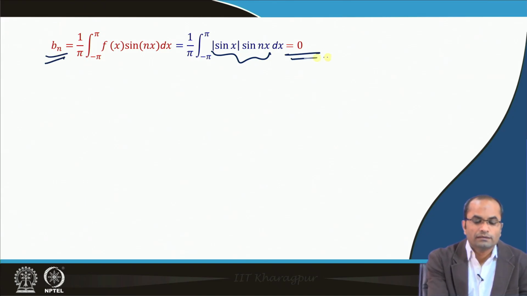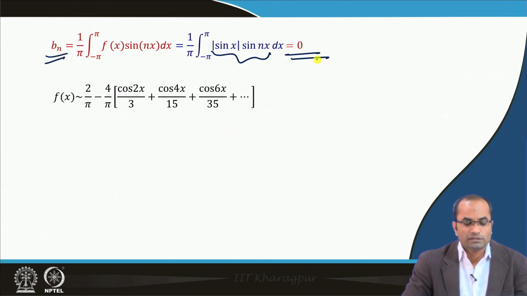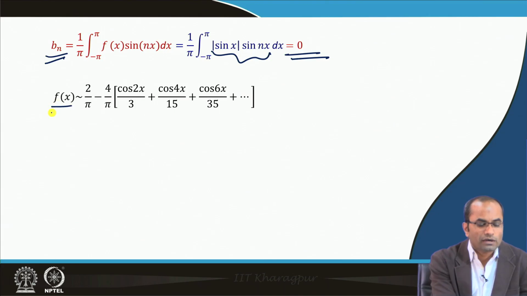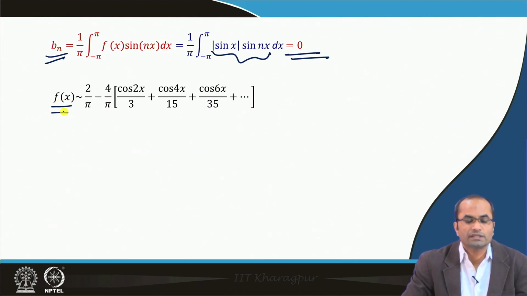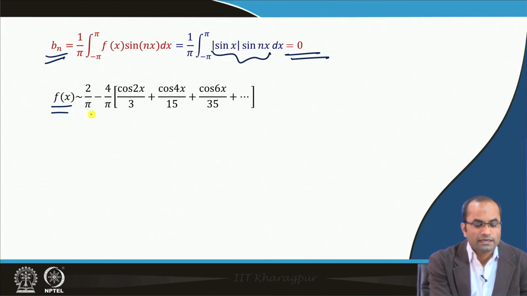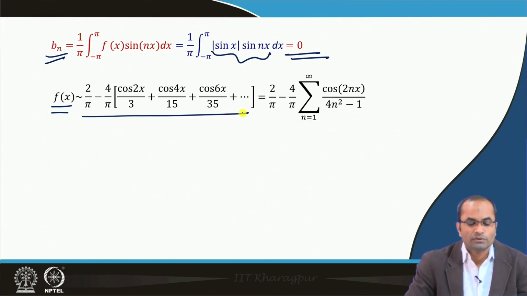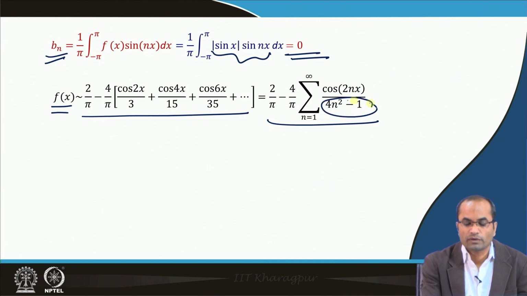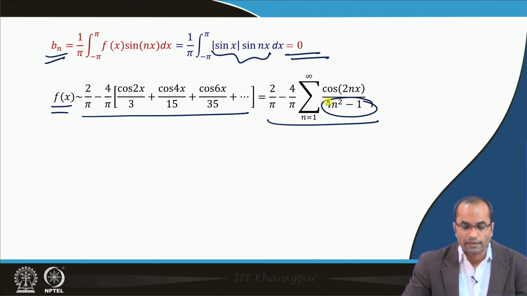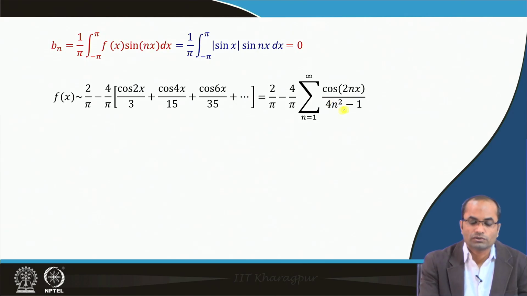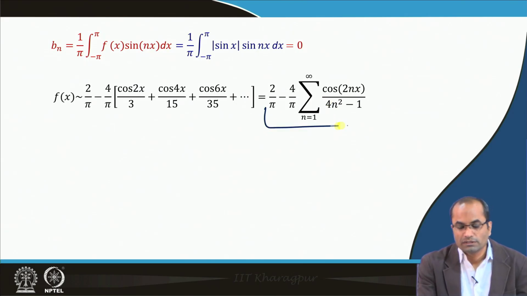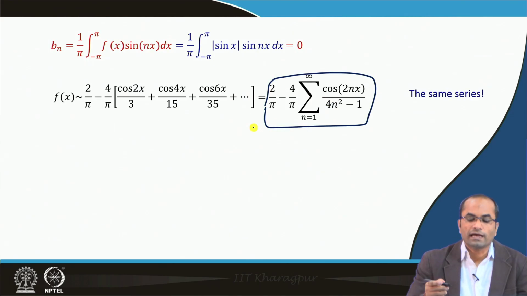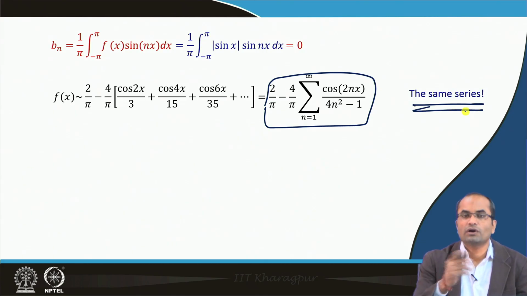So, the b_n coefficients are 0, and therefore our f(x), after substituting these a_n's and b_n's, can be obtained in this form, which can again be written in a more compact form, having this 4n² minus 1 and this cos 2nx term. So, this was exactly the series which we got, assuming it as π periodic.